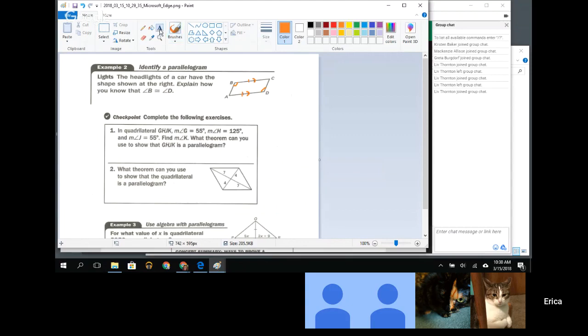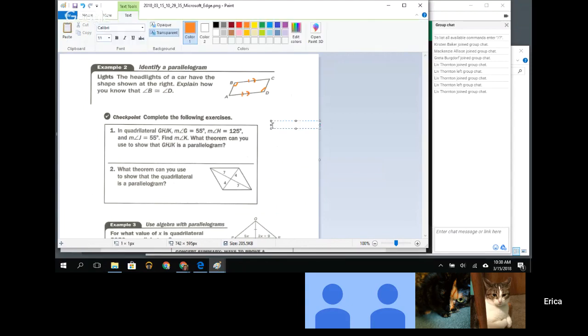Because of the theorem that we just learned, theorem 8.9, we have two sides that are congruent to each other and parallel to each other. So because of theorem 8.9, we can say that this is a parallelogram.